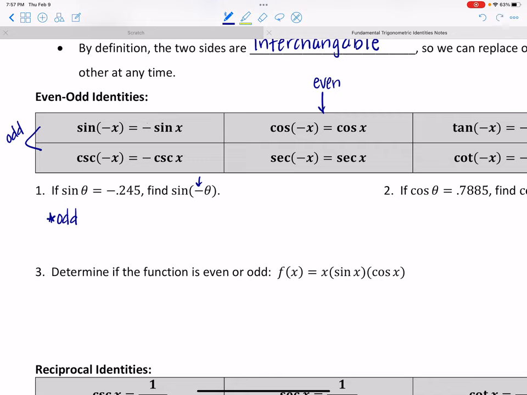So the original output was -0.245, we're going to change the sign, and the sine of negative theta is actually going to end up being a positive 0.245.